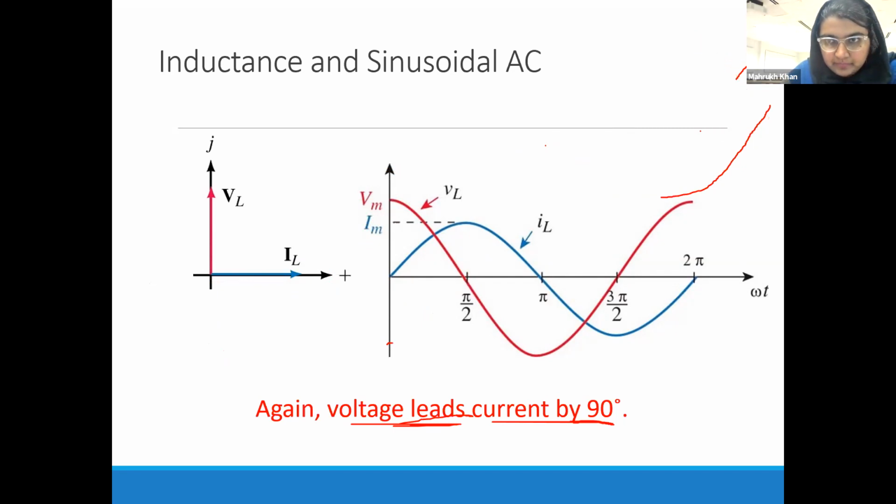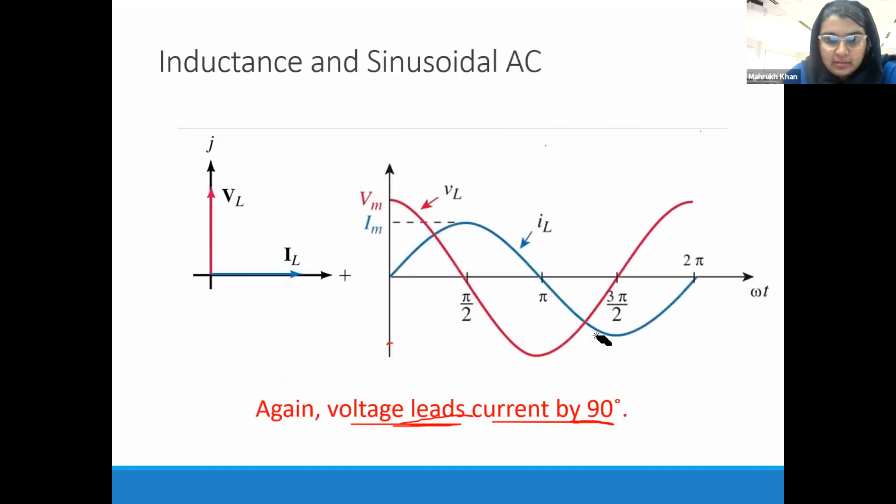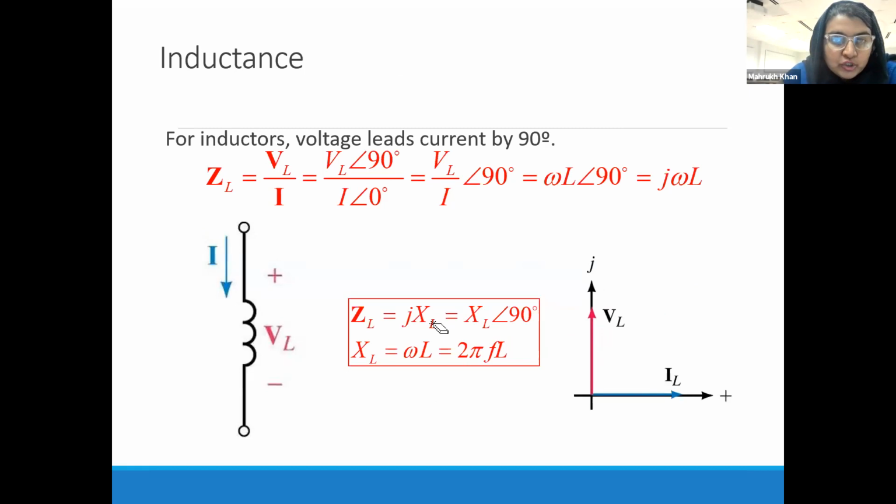Now I is lagging behind VL, right? So we are saying VL by I, VL at 90 degrees, and then omega L, and you are getting impedance at 90 degrees, even with Ohm's law as well.